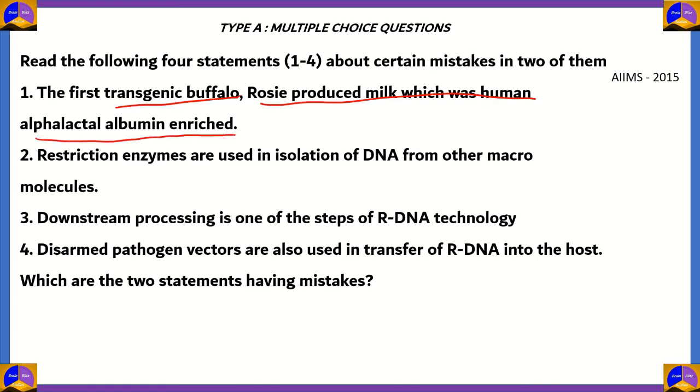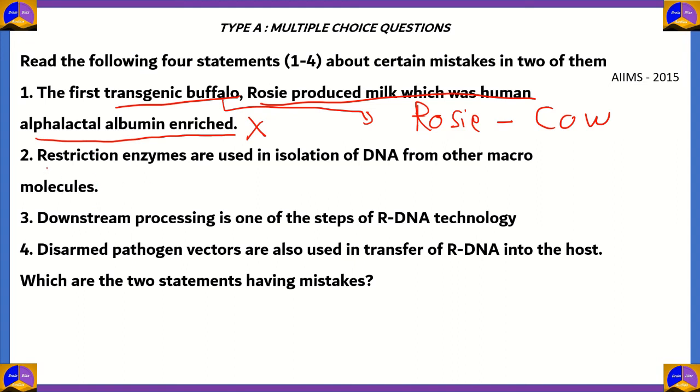While Rosie did produce milk which was human alpha-lactalbumin enriched, this statement is incorrect because Rosie was a cow and not a buffalo. So statement number 1 is incorrect. Next is statement number 2.